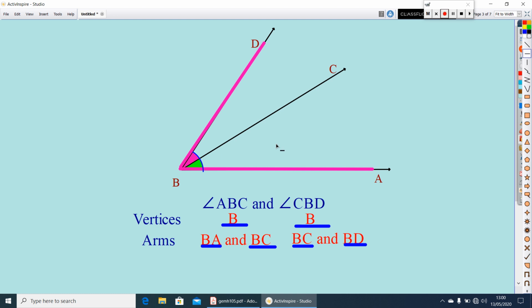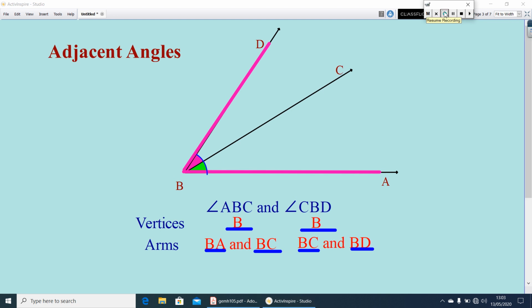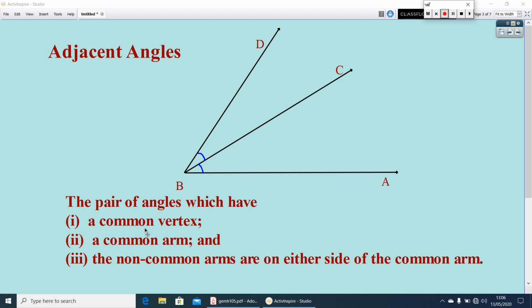This kind of pair of angles we call adjacent angles. We can define adjacent angles as the pair of angles which have a common vertex, a common arm, and non-common arms on either side of the common arm. So do write the heading adjacent angles, draw this figure and write its definition.